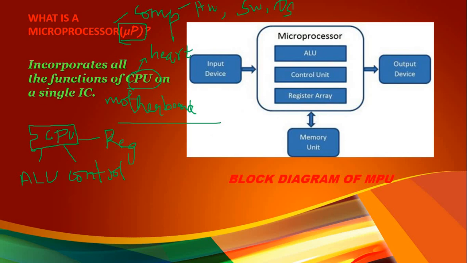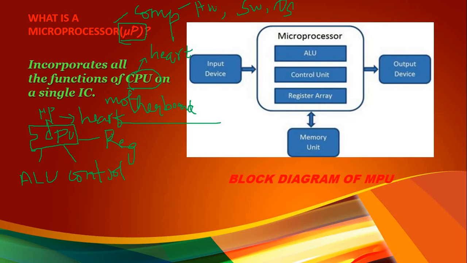Since the microprocessor performs all the functions of a CPU, the microprocessor is also called the heart of a computer system, or otherwise known as the CPU.